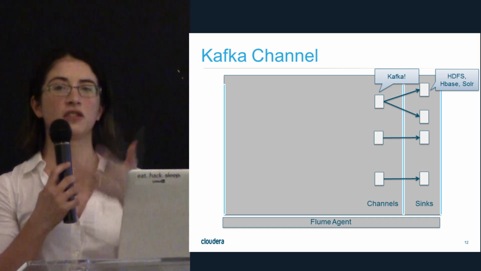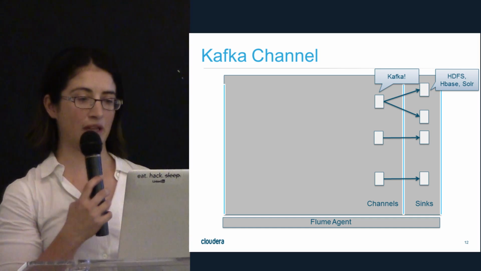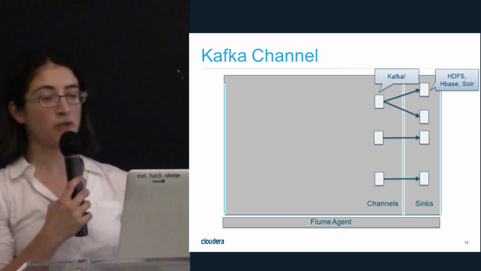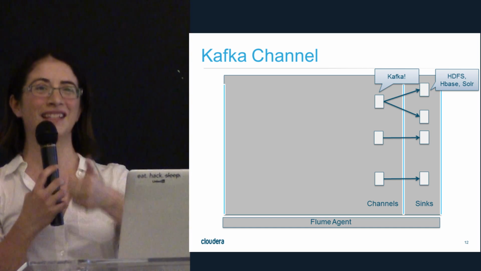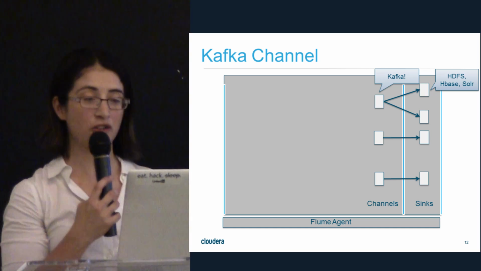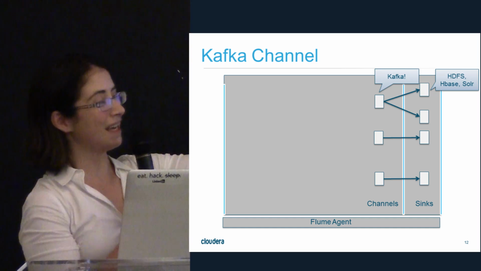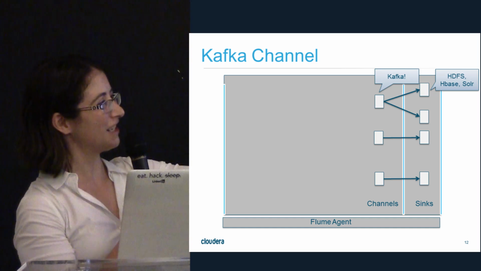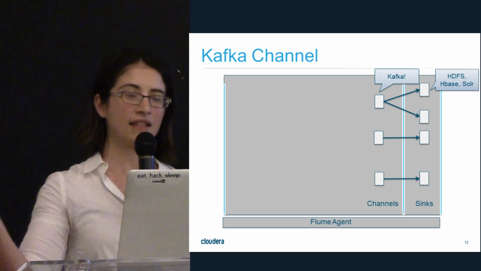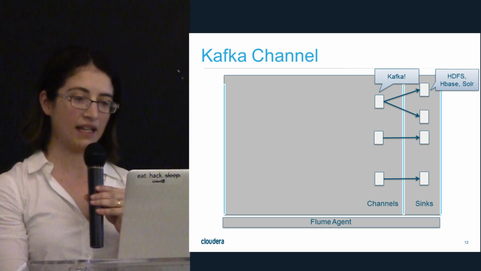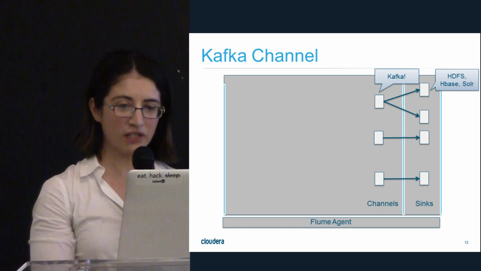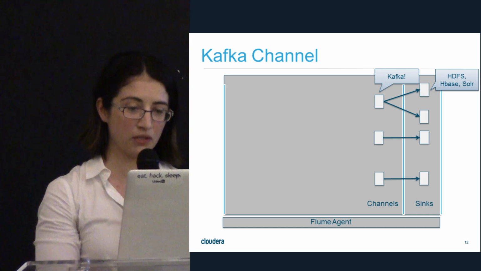So if a machine crashes, you don't lose your data. It's pretty awesome. But if you don't use Flume and you just have data in Kafka and you want to land it on HDFS or HBase, which is a very common use case, just create a Kafka channel, get a sink, HDFS sink, HBase sink, connect them to each other, and you're good to go. This will come out soon and will be absolutely awesome.